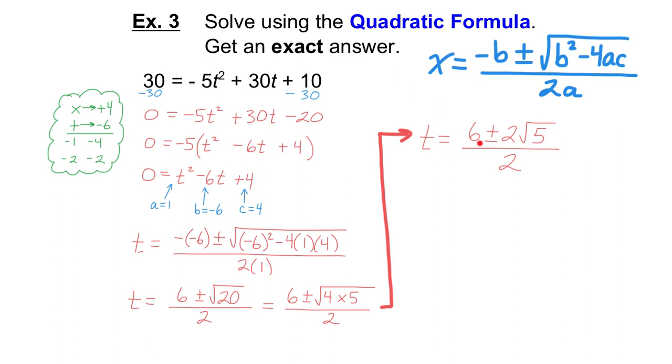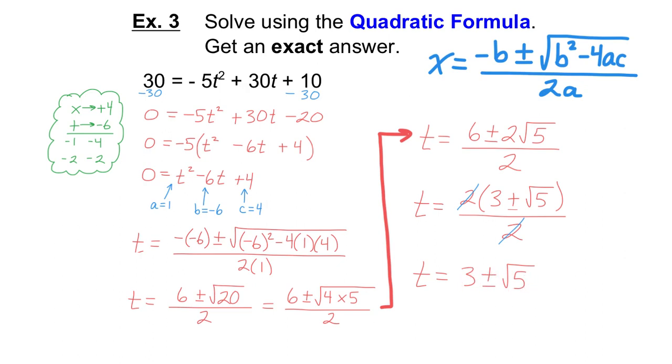Now let's factor this. There's a common factor of 2 here. So I have 2 times 3 plus or minus root 5 divided by 2. Now I have 2 and 2 as factors in the numerator and denominator, so they cancel each other out, and I'm left with t is equal to 3 plus or minus the square root of 5. And I can't get more exact than that.